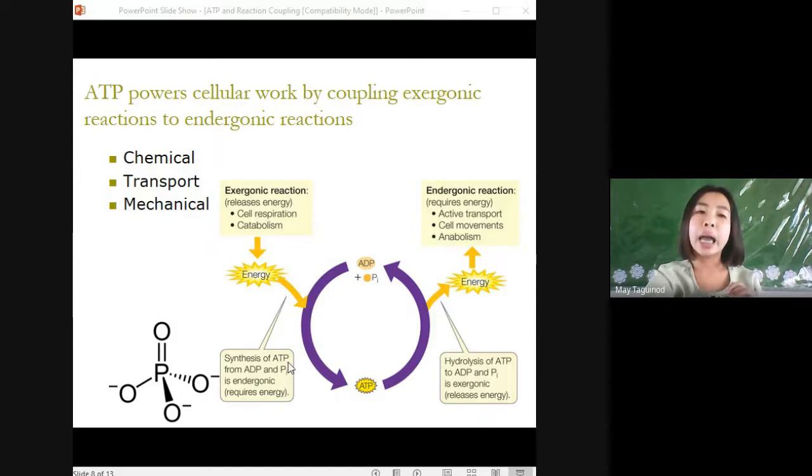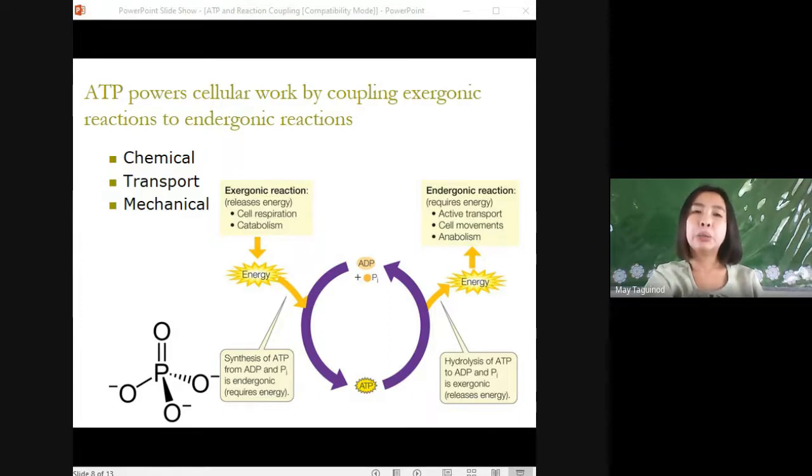The Pi there means inorganic phosphate, which comprises four oxygen atoms bonded covalently to a phosphorus atom. While the hydrolysis of ATP to ADP and inorganic phosphate is exergonic, so basically it releases energy.